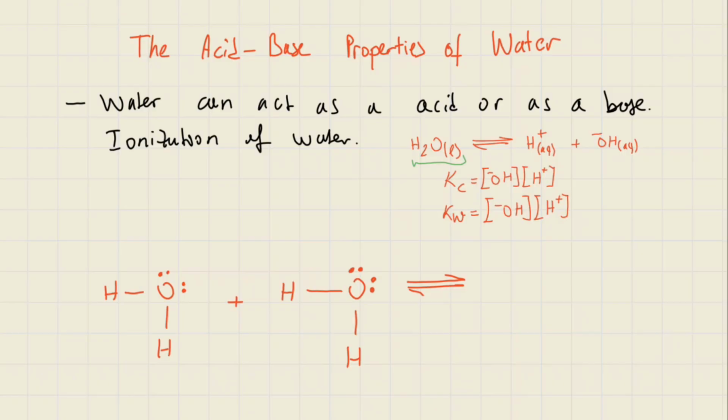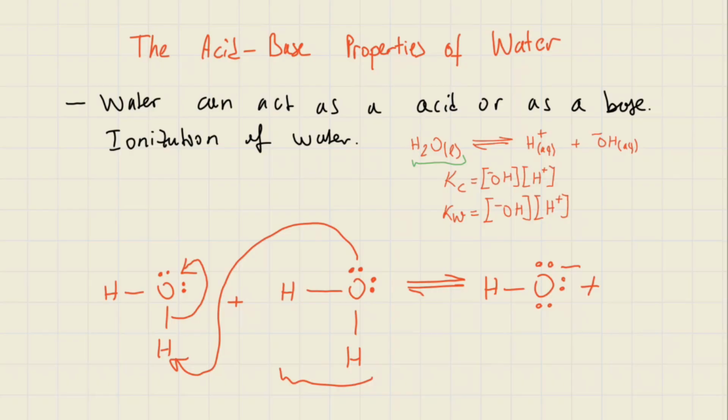It's an equilibrium reaction, and these electrons attach to the hydrogen, and the electrons on the other molecule go to the oxygen side and create hydroxide. And this molecule becomes H3O plus, and this is the acid here, and this is the base, right?